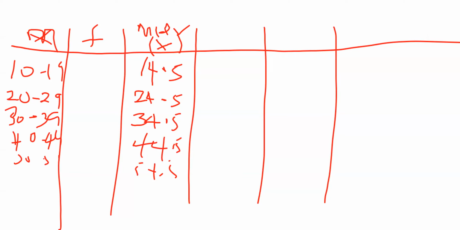Just 34.5, 44.5, 54.5, 64.5, 74.5, 84.5, and like that till 94.5. I hope that must have been recorded by all, or you have understood what to do. Is that column clear?